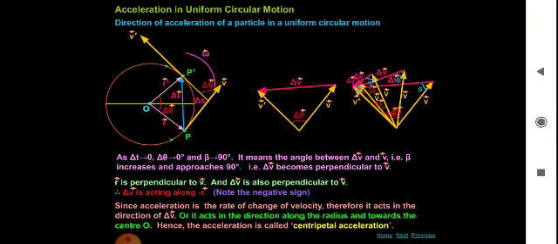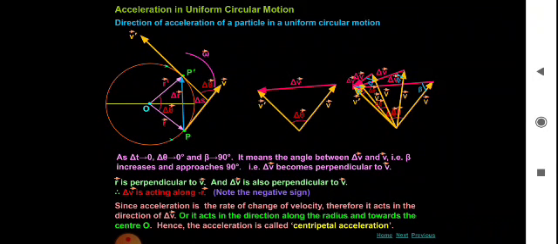Delta v is acting along minus r vector, so it has a negative sign. Acceleration is the rate of change of velocity, therefore it acts in the direction of vector delta v, along the radius towards the center O. Hence the acceleration is called centripetal acceleration.